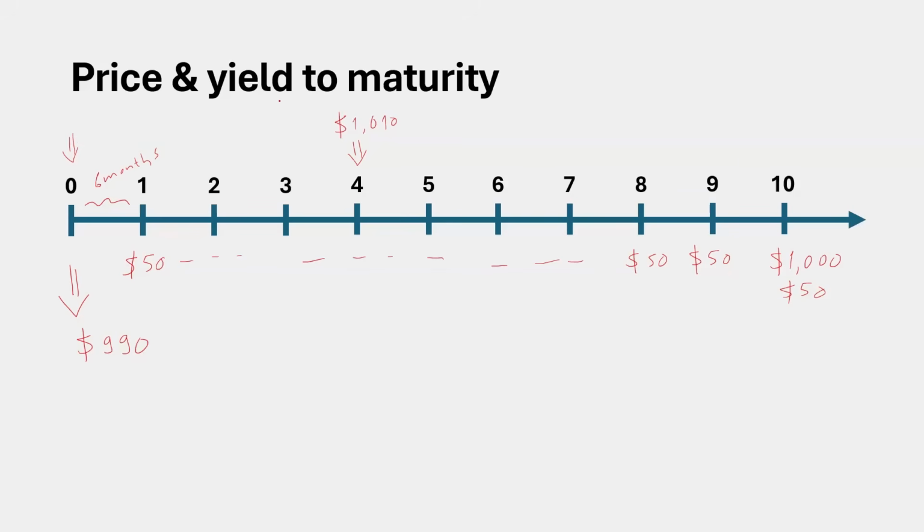How about yield, right? So again, this is a fundamental concept in bond valuation, and this is basically the return you would get if you held the bond until the maturity. So, for example, you could compute, if you pay $990, what would be your yield to maturity if you hold it until the end? Or you could do it here as well. So you purchase, let's say, for 1,010.